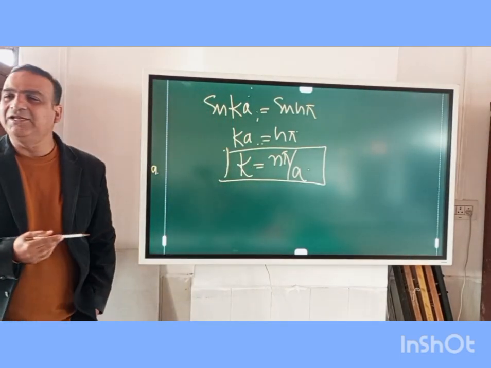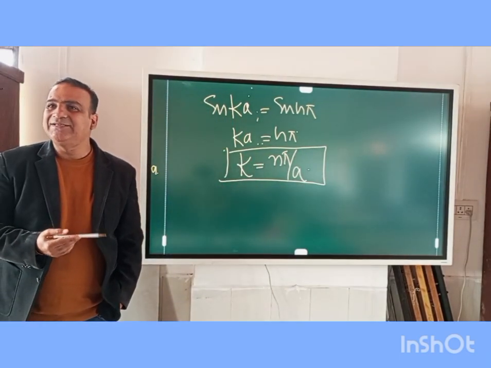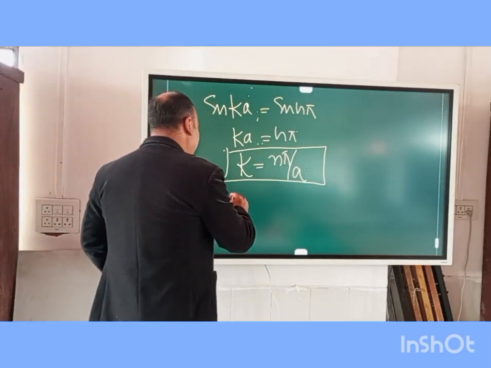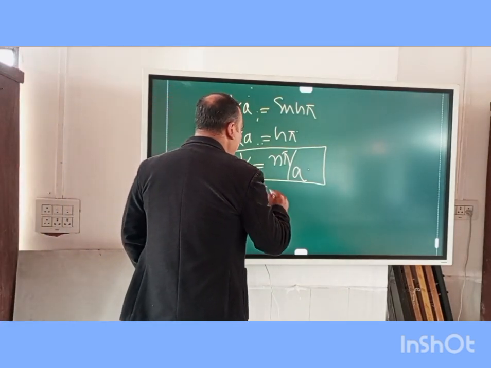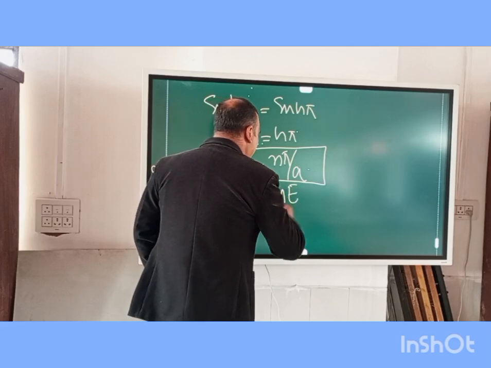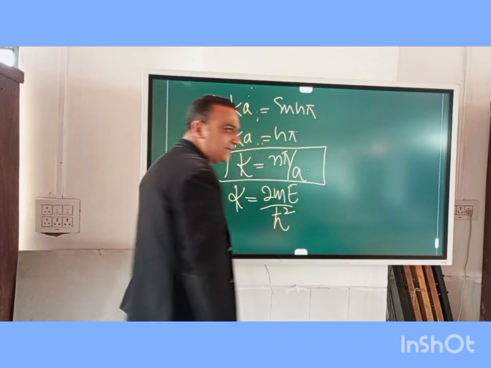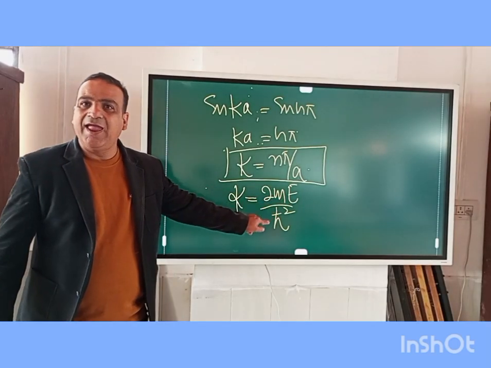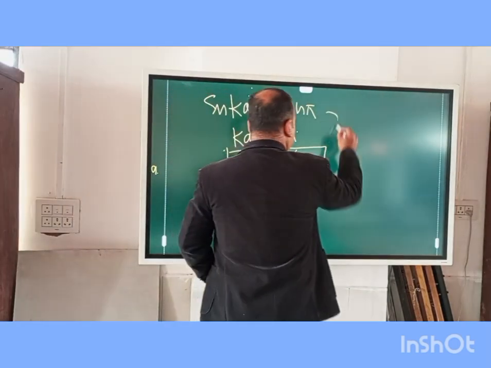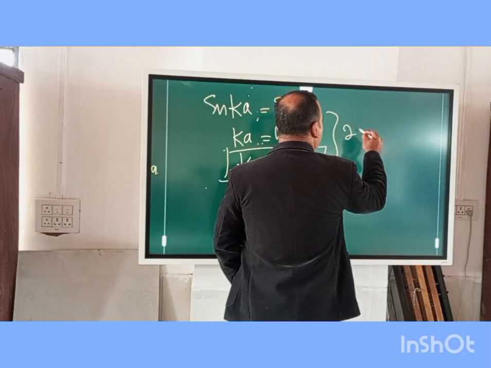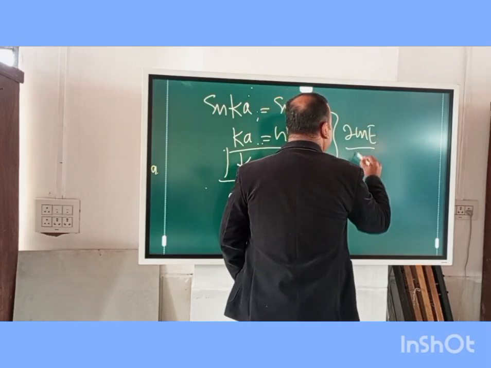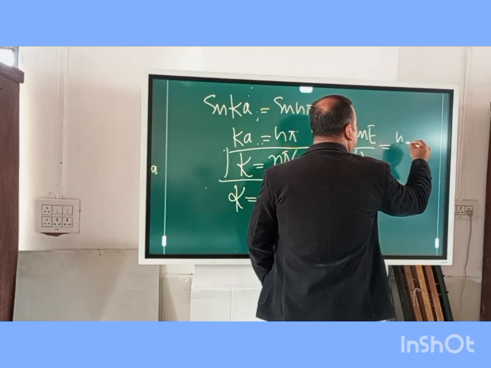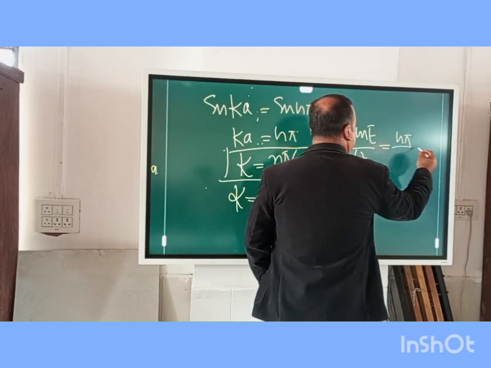And this will certainly give you the quantization of energy of this particle. Because what is k? K is assumed to be square root of 2mE by h bar square. So instead of k, I will write root of 2mE by h bar square is equal to n pi by a.